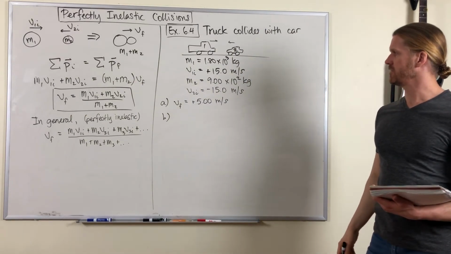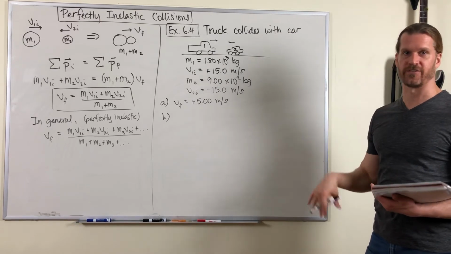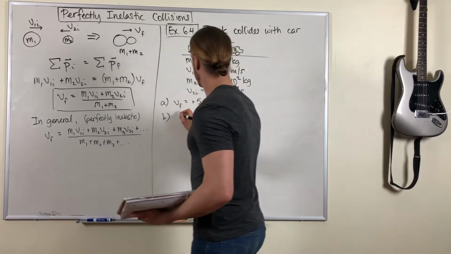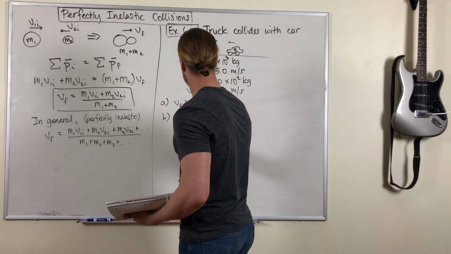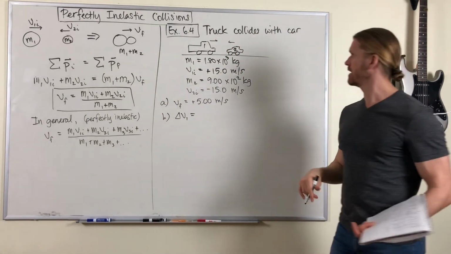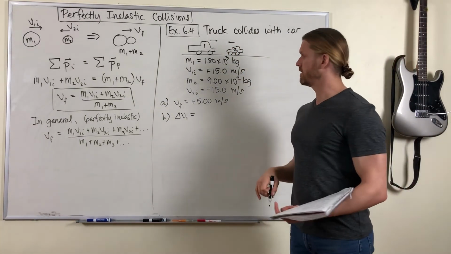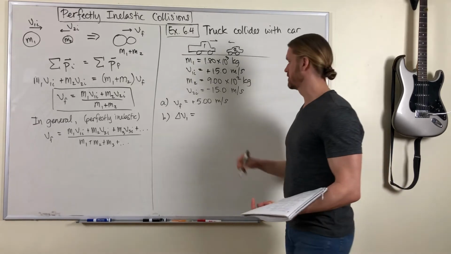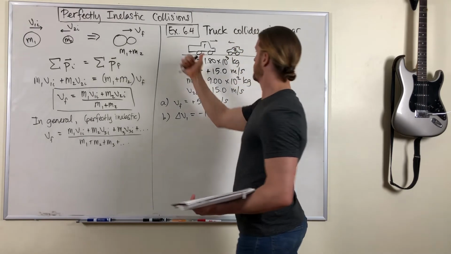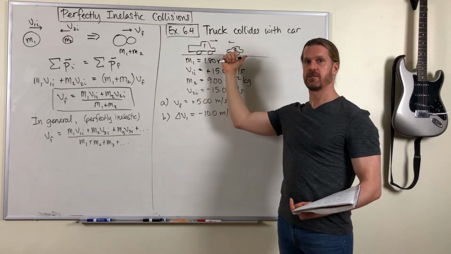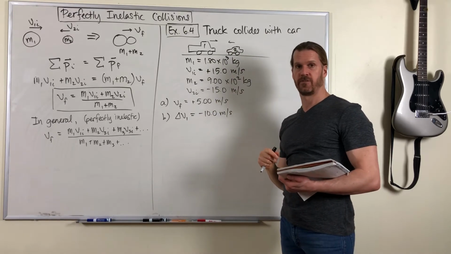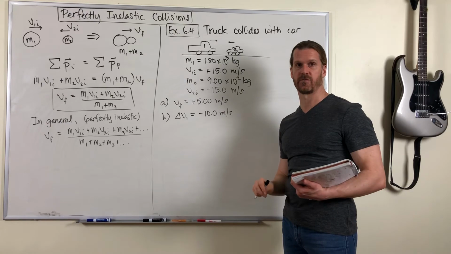So let's think about what effect this collision has had on each vehicle. The truck has experienced a change in velocity of negative 10 meters per second. It was traveling to the right at 15. After the collision, it's traveling to the right at 5. So it's slowed down by 10 meters per second.